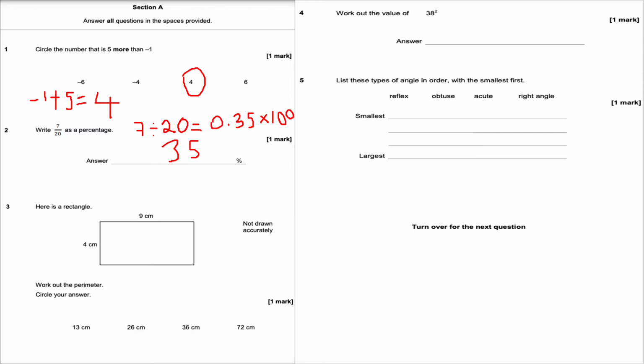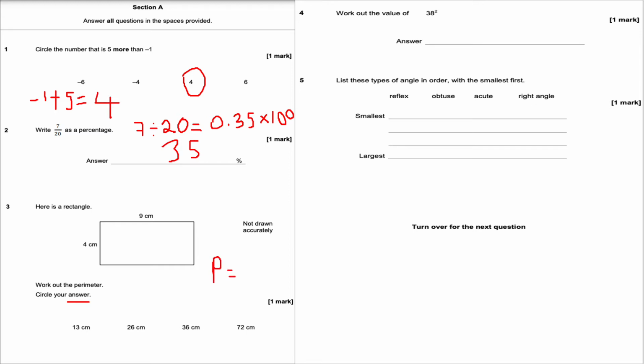Okay, question number 3, guys. Here is a rectangle, 9 centimeters by 4 centimeters. Work out the perimeter, circle your answer. Perimeter is the distance around the shape.